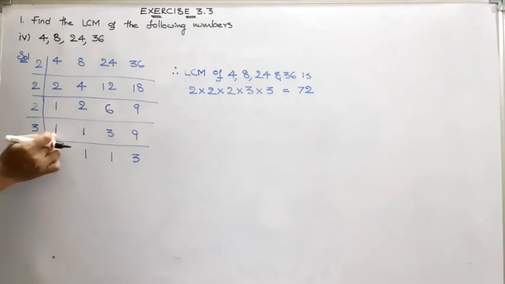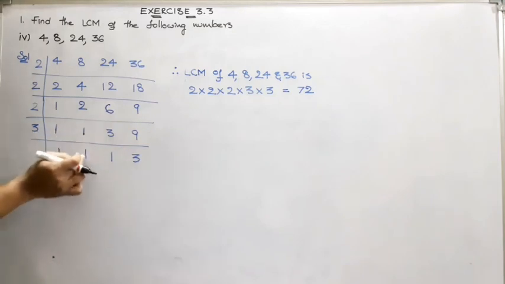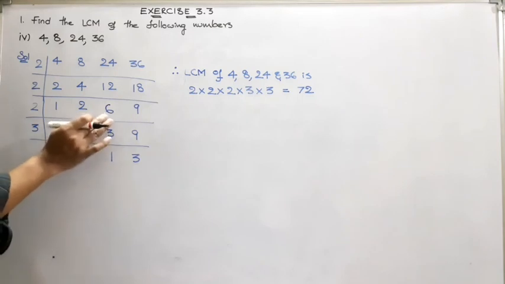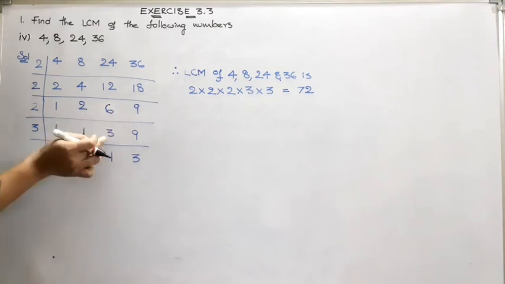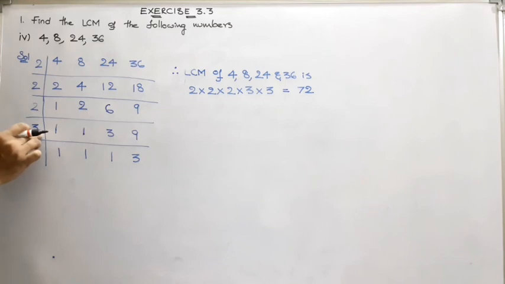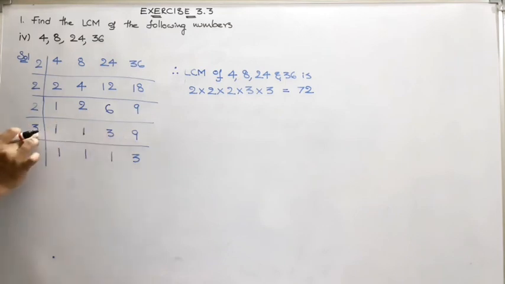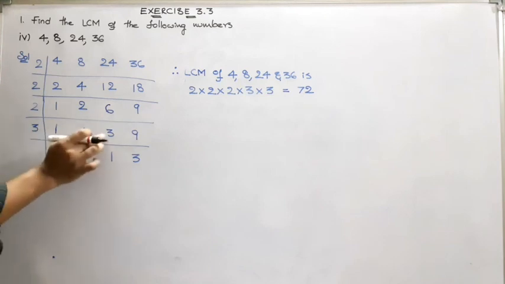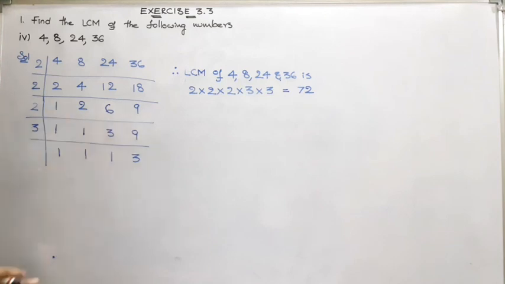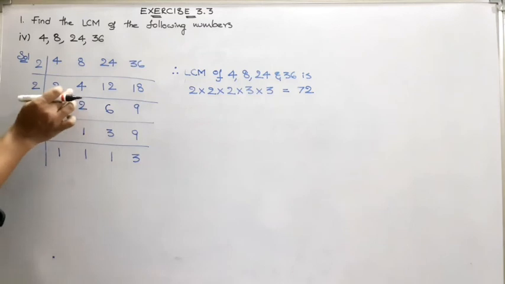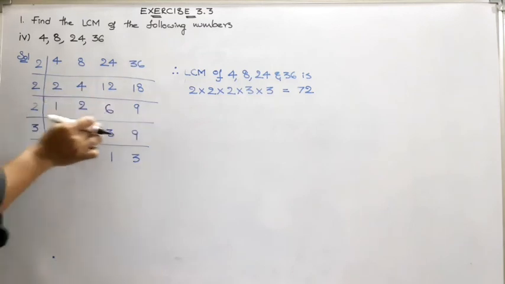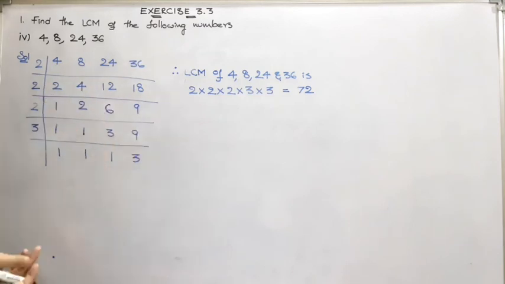Now, as I told, drop the ones as it is, and we have 6 and 9 which we can cancel using 3 table. So 3 and 9 which we can cancel using 3 table. 3 1s are 3 and 3 3s are 9. If you observe, look, 4 numbers became 3, 3 numbers became 2 and 2 numbers became 1.